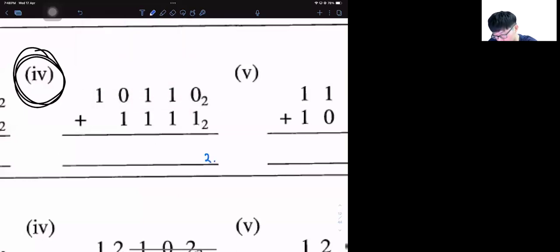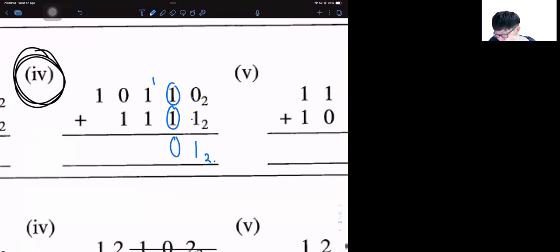Okay, so base 2, right? 0 plus 1, 1, no problem, can see 1. But 1 plus 1, this is what you need to get used to, okay? 1 plus 1, I know, supposedly is 2, but now we are dealing with base 2. So basically, base 2 meaning when you reach 2, it should become 10. This is something you need to get used to. 1 plus 1, 10 on base 2.